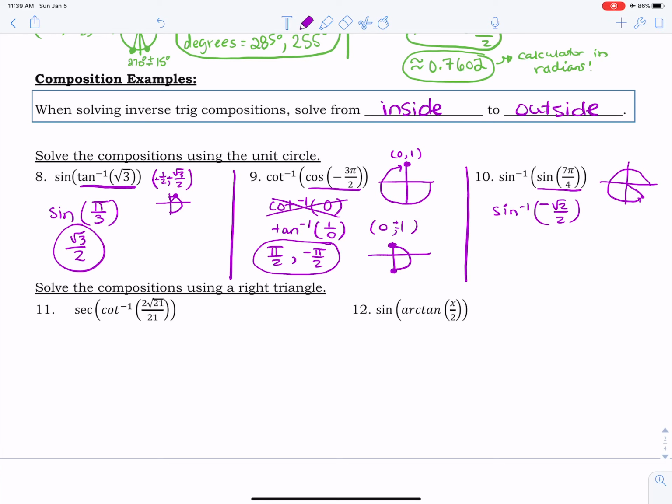What angle has the sine of negative square root of 2 over 2? It has to be within the range, though. Oh, but it's got to be within the range. So it's negative pi over 4.